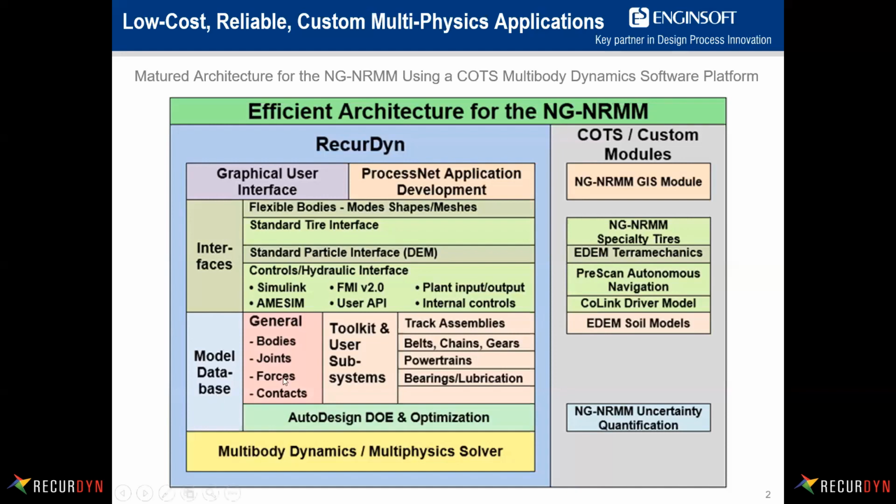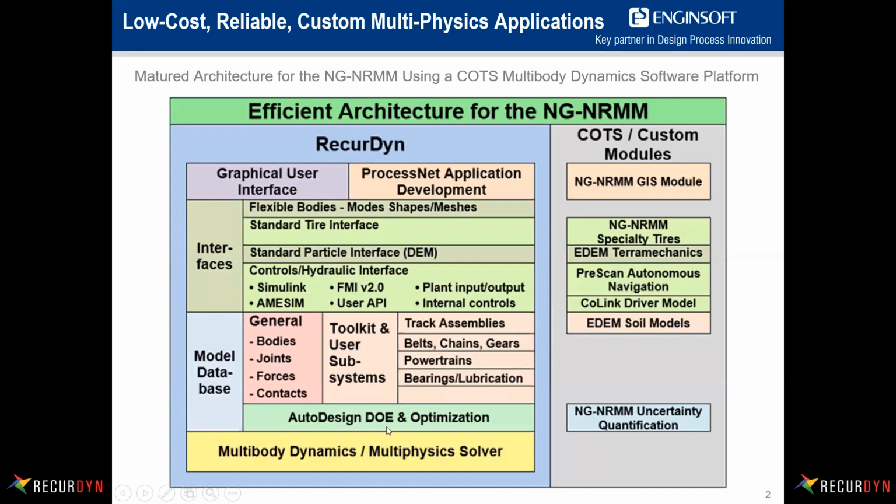The general model database consists of being able to import as well as generate solid geometry. There's a variety of toolkits for all sorts of machinery, including track assemblies, and track assemblies include soil subroutines that can interact with data from the EDEM soil model. We'll look at that a little bit later.